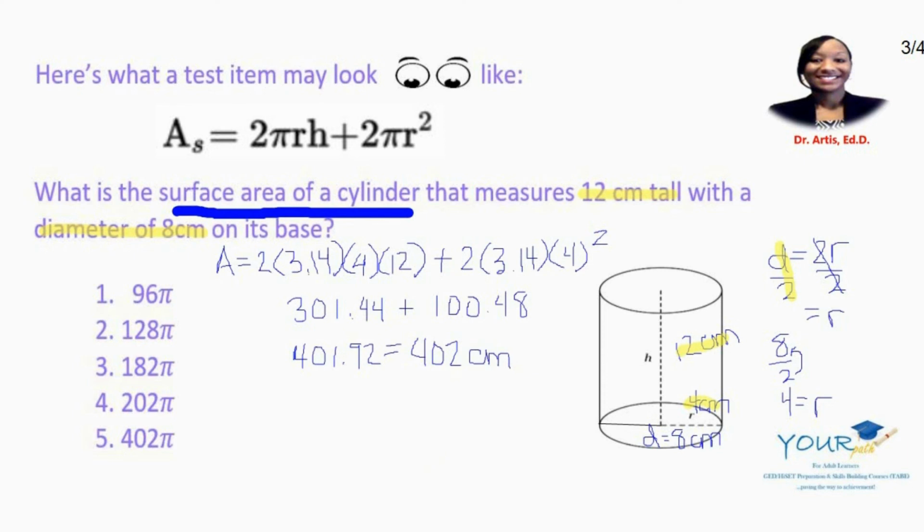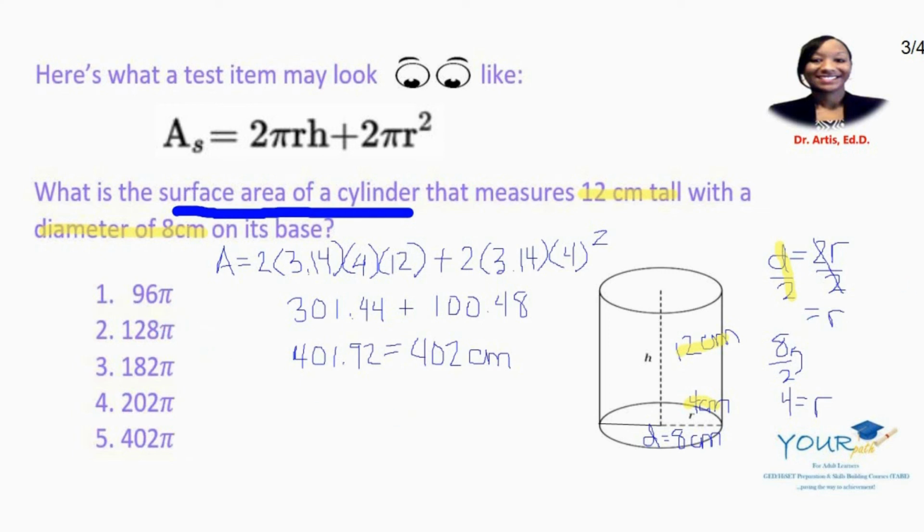Now when you come over here to your options, you see that 402 is not listed as an option, because your options are presented to you as a value times pi. So how do we find our answer in terms of a value times pi?